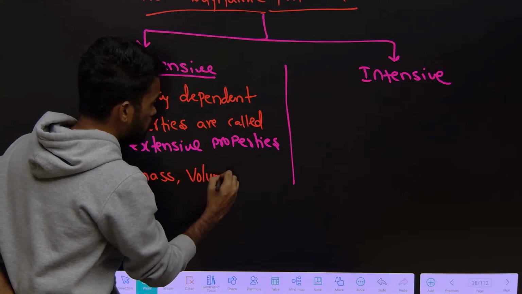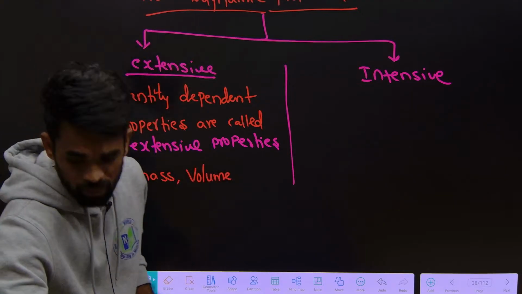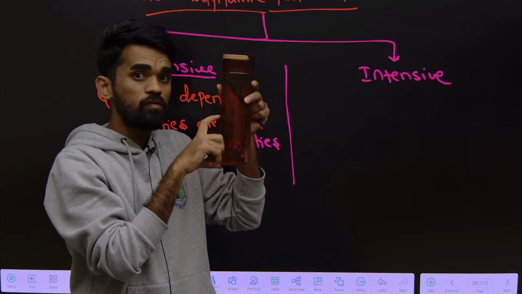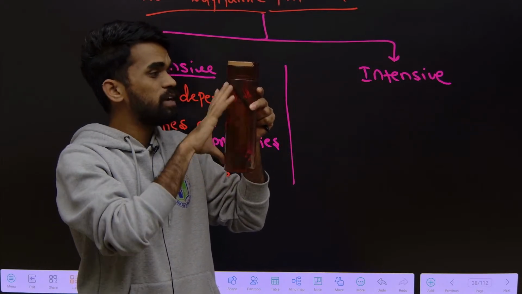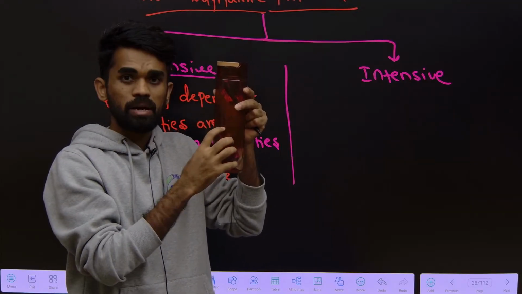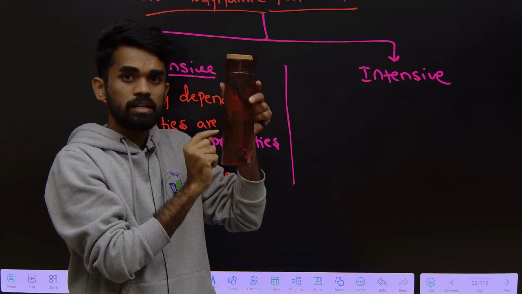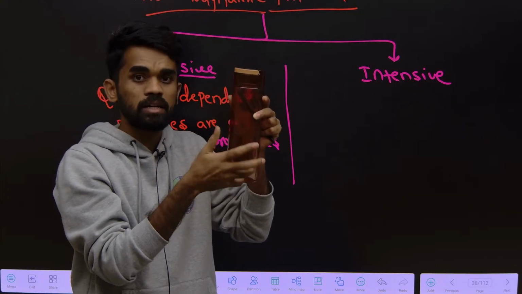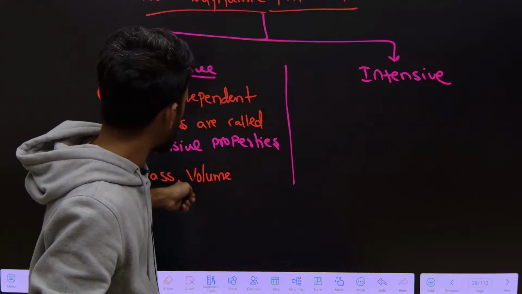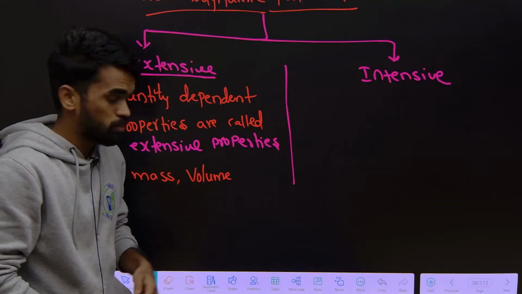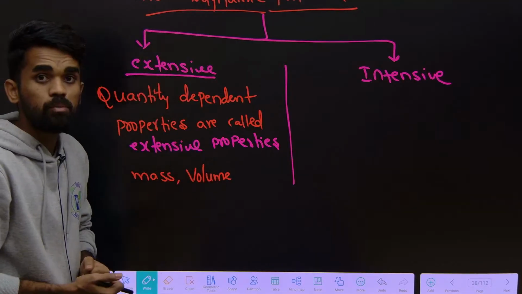If I have half a liter of water, and if it is full, we consider it as 1000 ml. So the quantity of water defines whether it is half a liter or 1 liter. So volume is also an example of an extensive property, because it also depends upon the amount of substance.